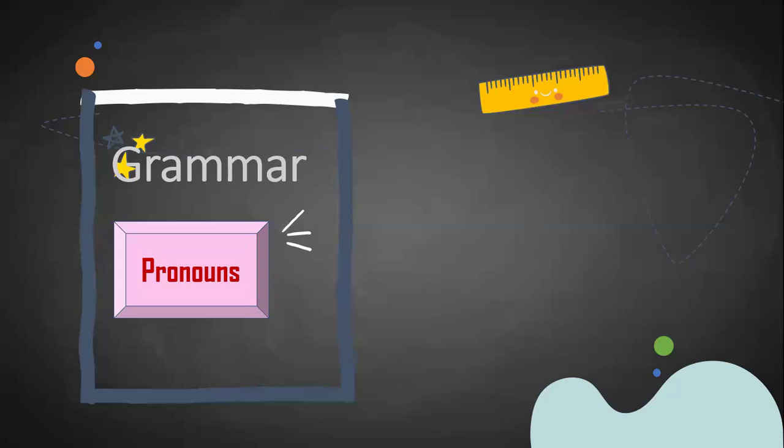It's about pronouns. First of all, what is the meaning of the word pronoun? Pronouns are words which replace nouns. So they take the place of the nouns. For example, if we have this sentence, Ahmed is from Oman.